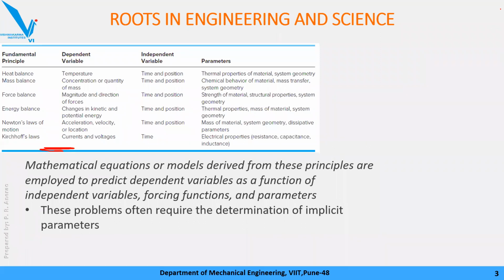We need to find out the compressive stress induced in the column. So we have an equation for sigma c equal to some variable into the cross section area of the column. The cross section area might be d into h, or pi by 4 d square if it is a circular column.